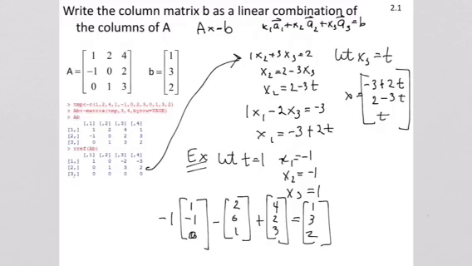Negative 1 minus 2 plus 4 really is 1. 1 plus 2 really is 3. And negative 1 plus 3 really is 2. So that seems to work.